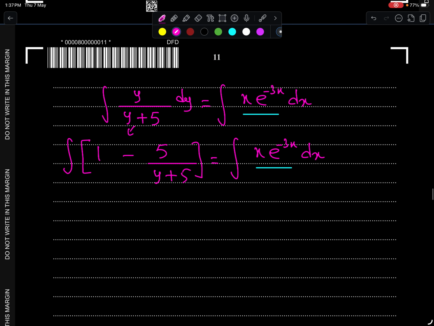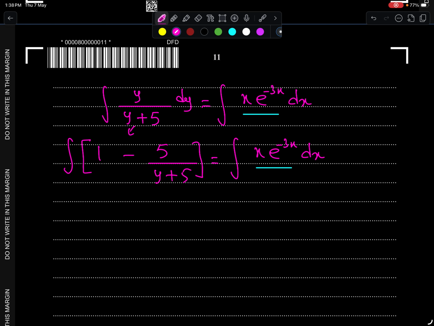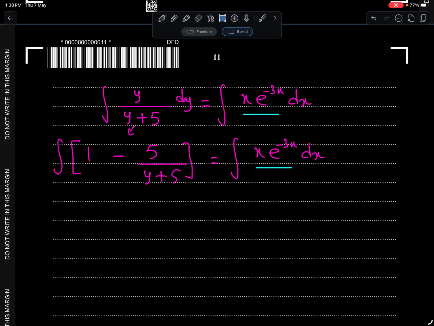Let me first integrate this and then I will use by parts on the right side. I forgot to write dy here. Always write the operator, it's compulsory. The operator should be with the sign of integral: the sign of integral, the operator, and the function. This is the proper way.